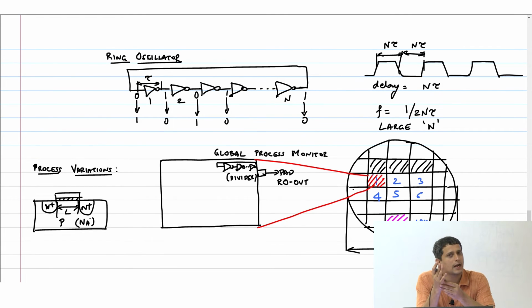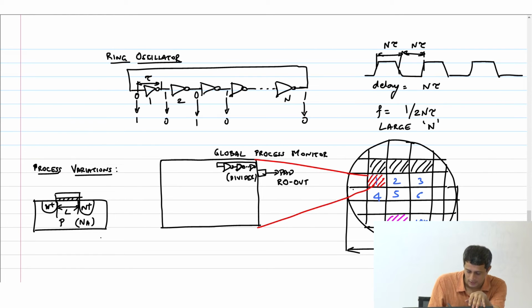how many dopant atoms do you think will be there under the channel? Order of magnitude. 10, 1 million, 1000, 10,000, 10 power? Okay, let's now, what is Na by the way? Na is about 10 power 15 per centimeter cube.